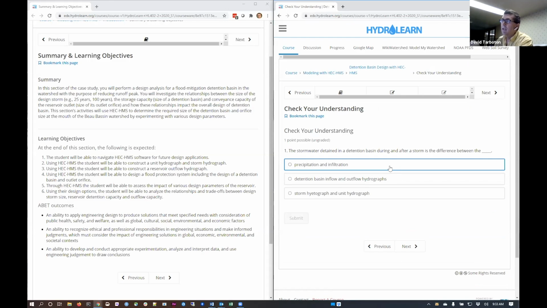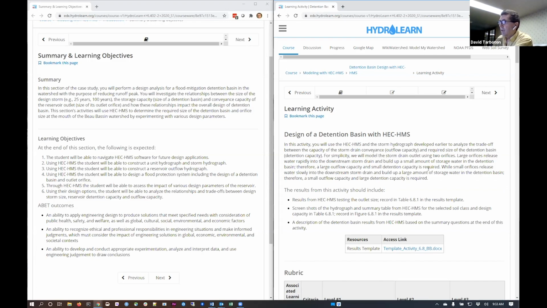There's a check your understanding part, which is for students to check in on whether they know the difference between some of these things, the stormwater detention basin during and after storms. And then we go to the actual learning activity.